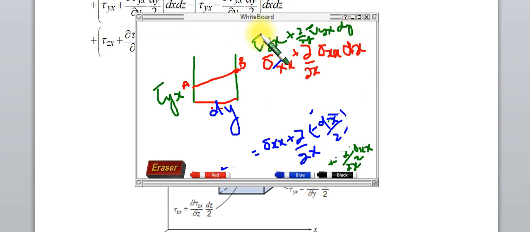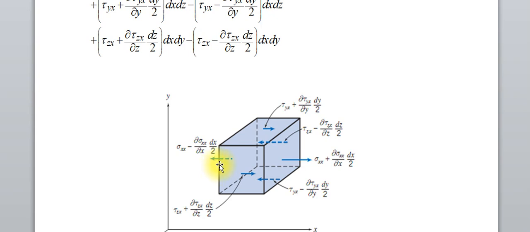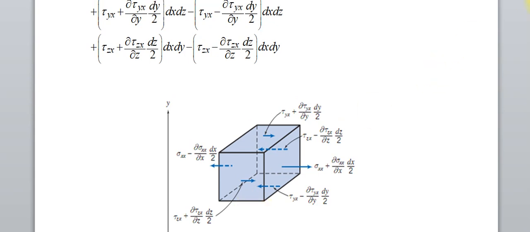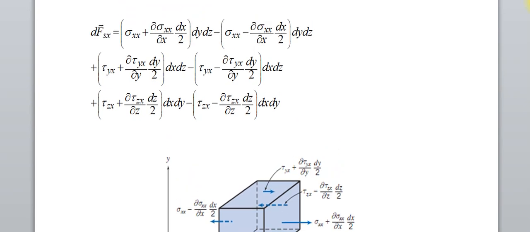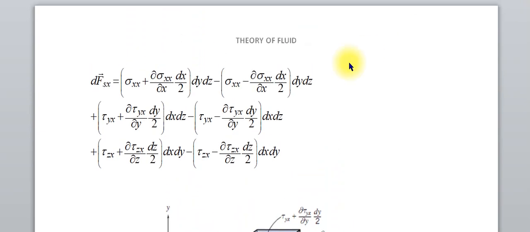Okay, so we have three surfaces, and in each surface we will take only those stresses which act in the x direction. So now there is a positive y, and we have the forces in x direction, but also we have the negative y surface, and also we will have the forces in the x direction. So now all the surface forces in x direction, like the one I have found, this one.